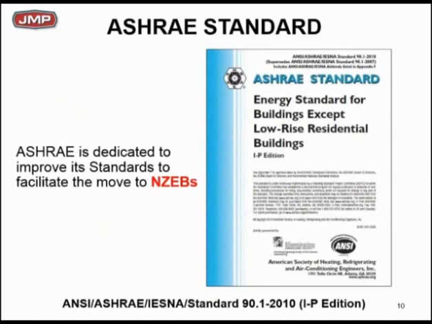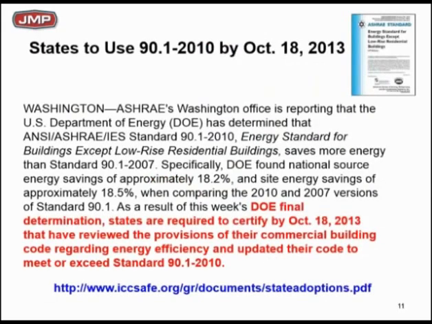So here's the standard 90.1. You guys have seen it. This is 2010, and 2013 says basically the same thing on pump head loss calculations. What I find interesting is that obviously DOE has adopted this, and this is 2010, and they said by October the 18th, 2013, all states should have an energy building code equal to or better than 2010.